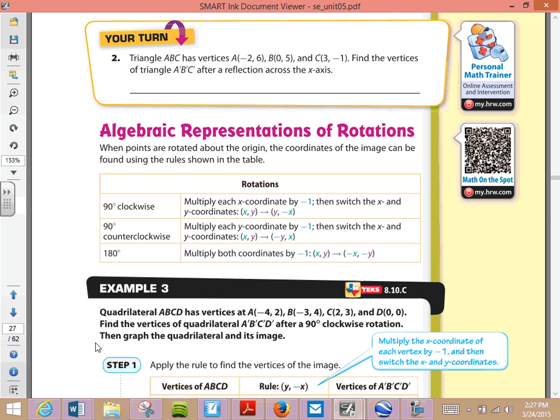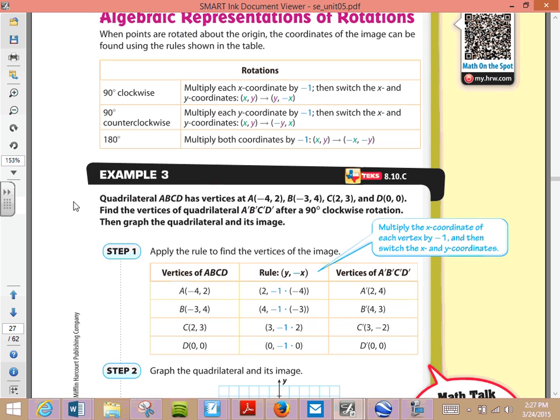It sounds crazy, but it makes sense once you read them. If you're going counterclockwise, you multiply the y by -1 and then swap the values for the new coordinates. If you're going all the way to 360, then you multiply both of them by -1.